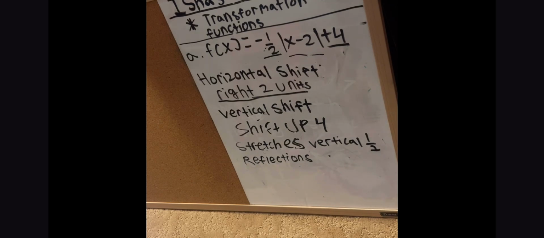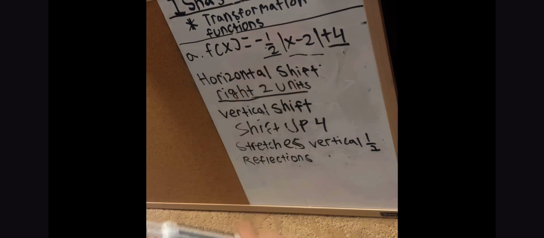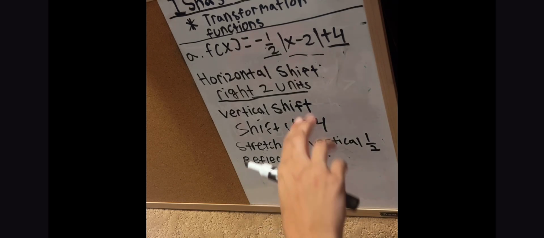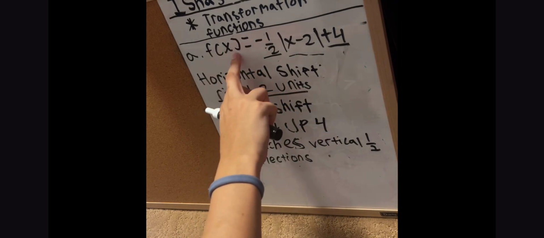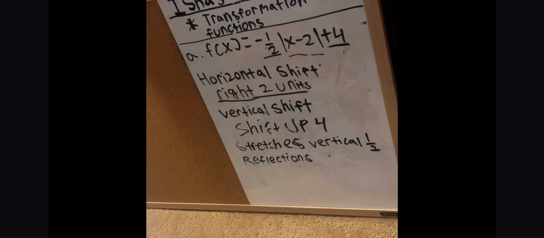A negative sign outside the function basically indicates a reflection across the x-axis, and a negative sign inside the function indicates a reflection across the y-axis.